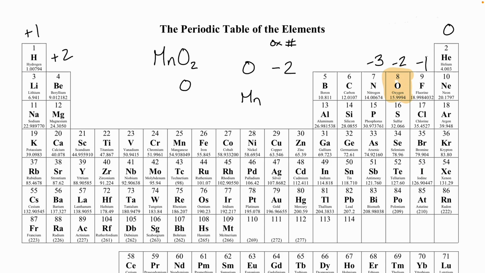If I got 2 oxygens, each of them have a charge of -2, what's that going to sum up to? -2 plus -2 is -4. And that's got to be counterbalanced by a charge of +4. So this is the manganese 4 ion.